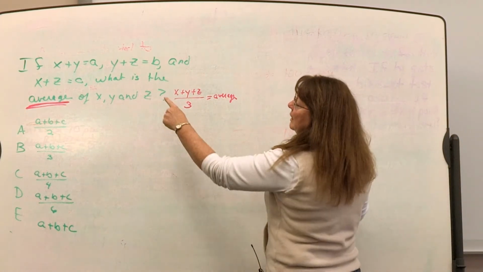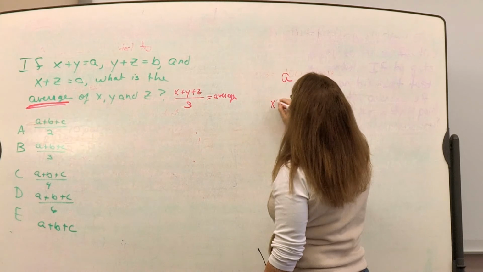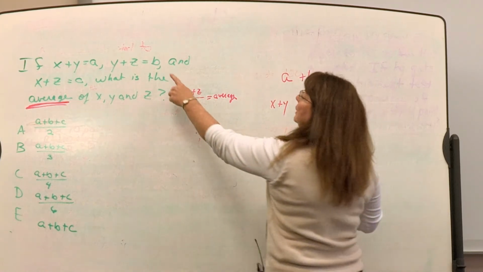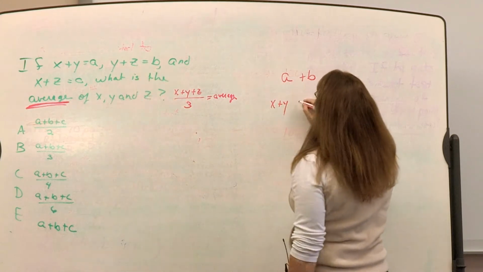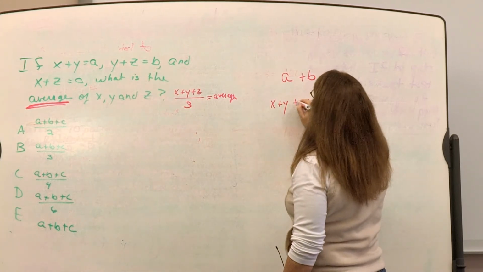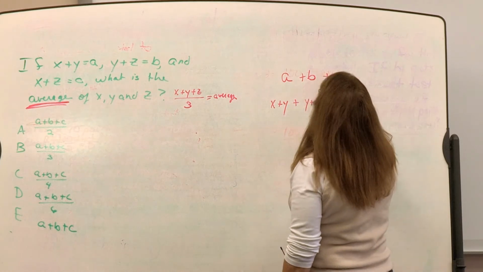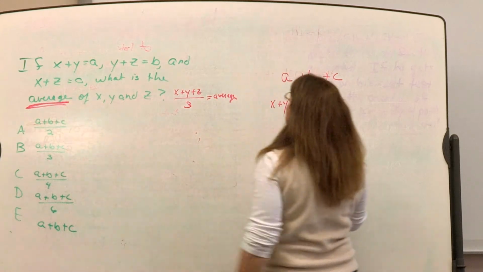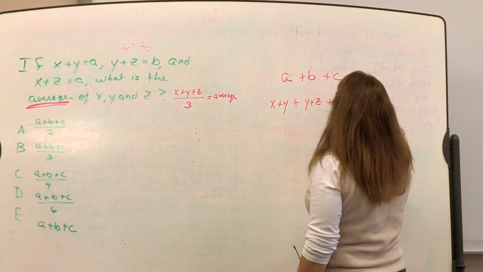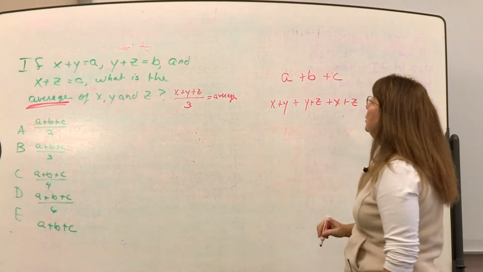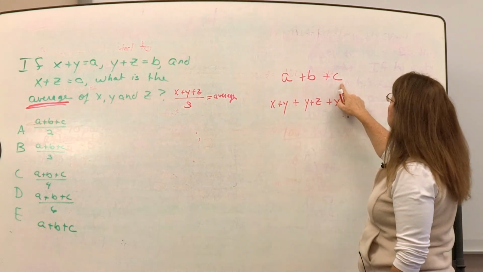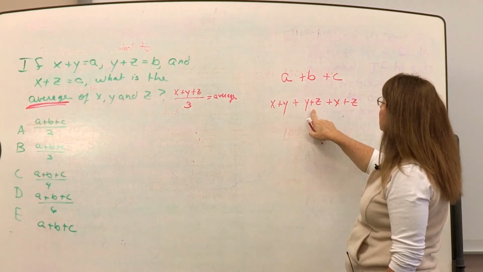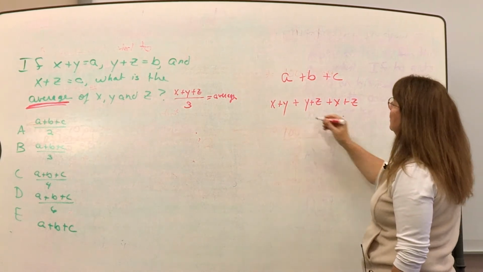They tell me that A is X plus Y. I'm going to add B to it. B is going to be Y plus Z. And C is going to be X plus Z. So when I add A, B, and C together, it's the same thing as adding X plus Y, Y plus Z, and X plus Z. You can kind of think of them as groups.